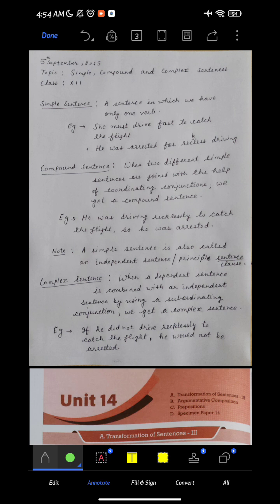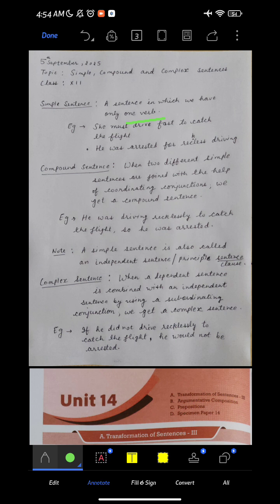So let's begin with the definitions so that you can understand the exercises in a better manner. So let's begin with a simple sentence. A simple sentence is one in which we have only one verb. One verb means one action.